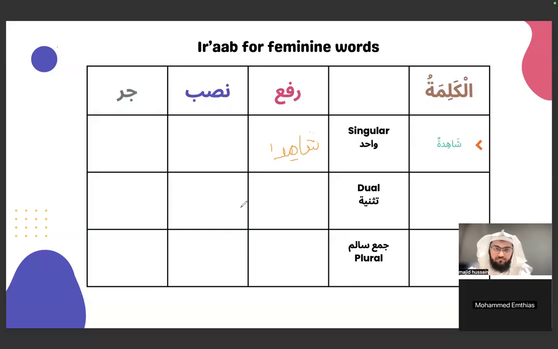It will be alif and noon? No, in the state of nasab, there is no alif. So in the state of rafa, and it's in the singular form, it will be shahidatun itself. Shahidatun.